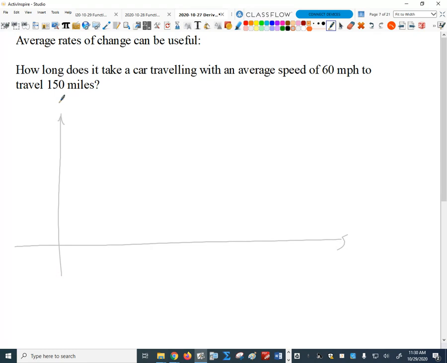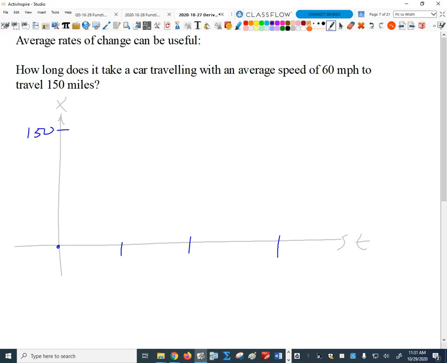So if this is position, let's say we're traveling in a straight line. We're in the Midwest and we're traveling in a straight line the whole way. So we got X versus T. We know that we're starting off here at the starting line. And after 2.5 hours, we're going to be this far away. That distance right there is 150.